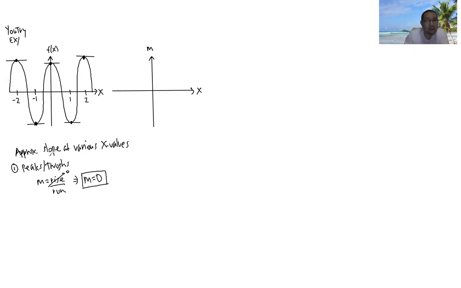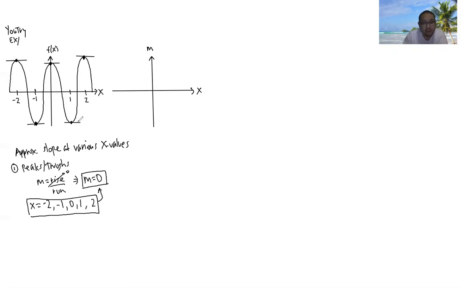At x equals -2, -1, 0, 1, and 2, at all of these points, the slope is going to be 0.